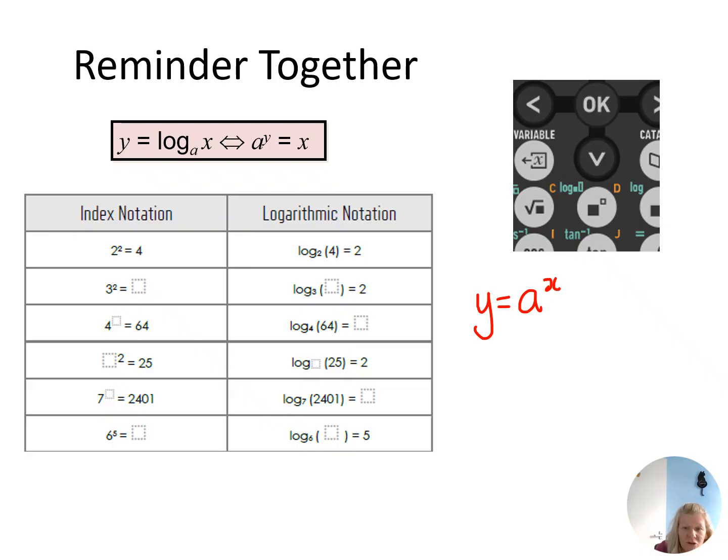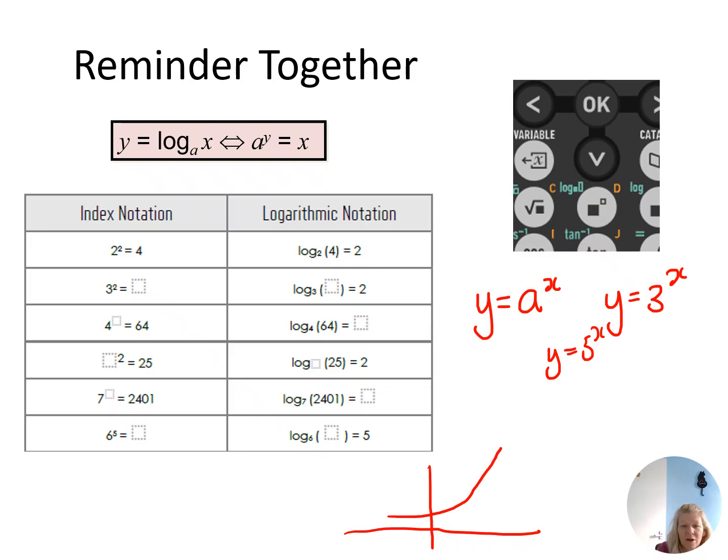So, such as y equals 3 to the x, y equals 5 to the x, etc. And they all produce graphs that look a bit like this one. They get big rather fast, and anything to the power 0 is always 1.